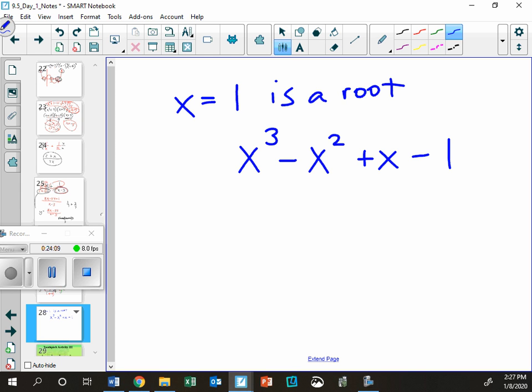There. Use synthetic to do division on this problem. Another way to say it is to say factor this using the fact that x equals 1 is a root. But again, focus. Use synthetic.